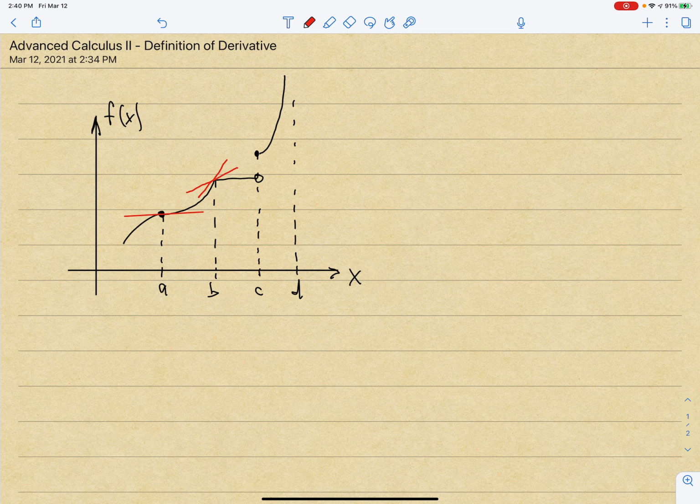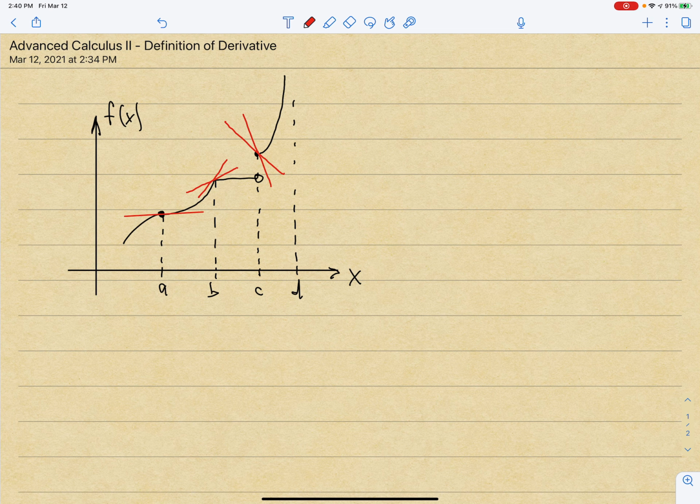In case C, well, is there a tangent line here? No, right? Because the graph is jumping. In fact, I have two different branches to it, so I can legitimately say that something like this is a tangent line, something like that is a tangent line, so a tangent line is not unique in this case.